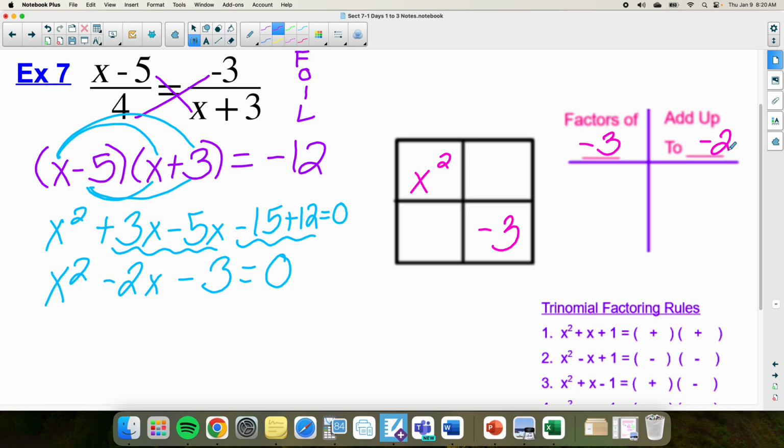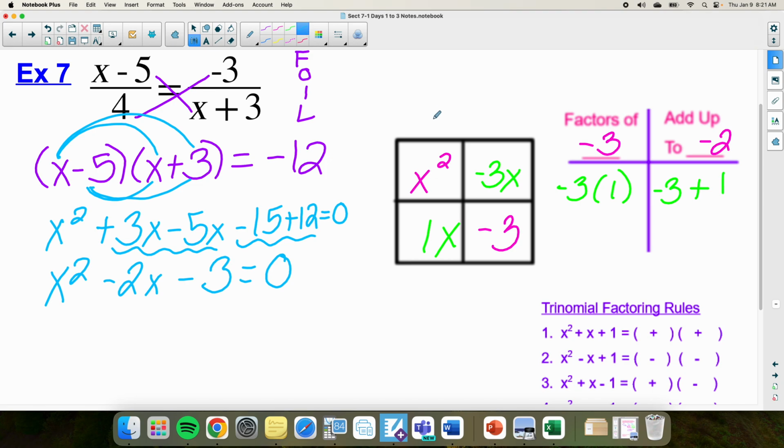Yes. Negative 3 times a positive 1 is negative 3. Negative 3 plus 1 is negative 2. So one of these is going to be negative 3x, one is going to be 1x. And then we have to go ahead and figure out what our factors are going to be.